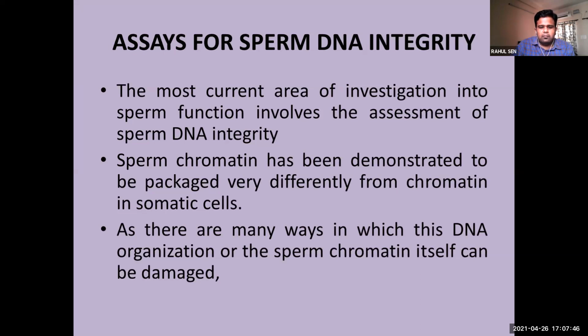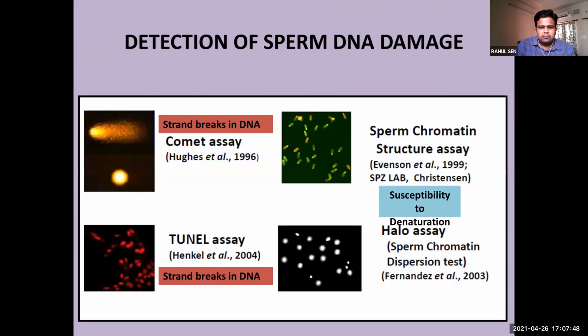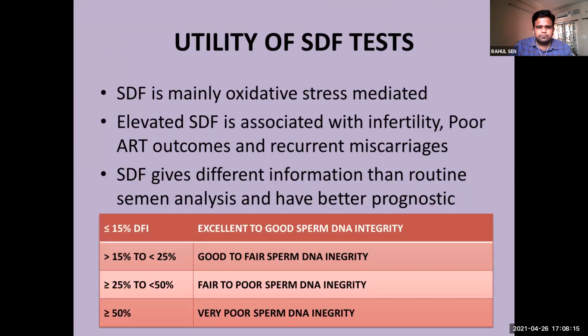Detection of sperm DNA damage can be done via the comet, TUNEL, sperm chromatin structure assay, or the halo test, which is the most commonly used and available form in the market, done in almost 1 to 2 hours of sperm processing. With a simple halo formation, we can determine whether there is DNA fragmentation or not.